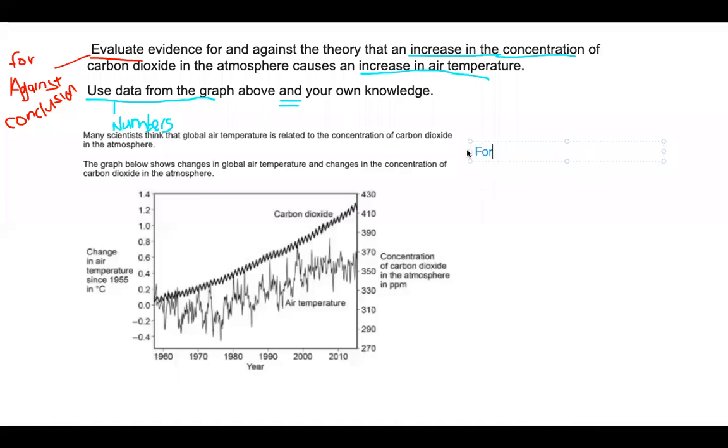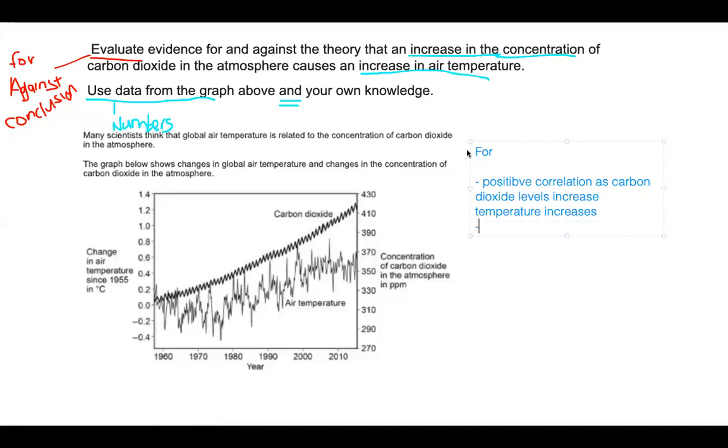Okay, so evidence 4 is that as carbon dioxide has increased, we have had an increase in air temperature. So we've got a positive correlation: as carbon dioxide levels increase, temperature increases.